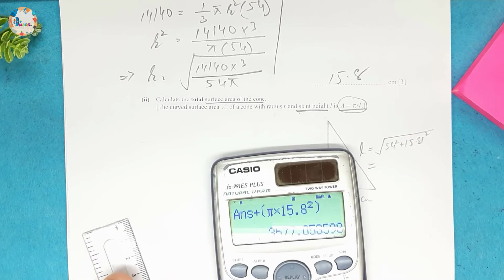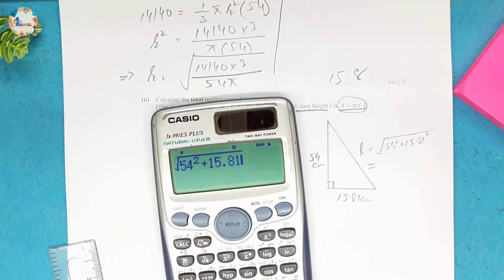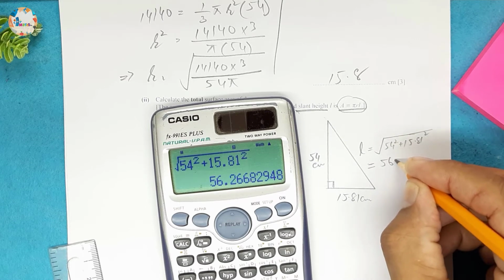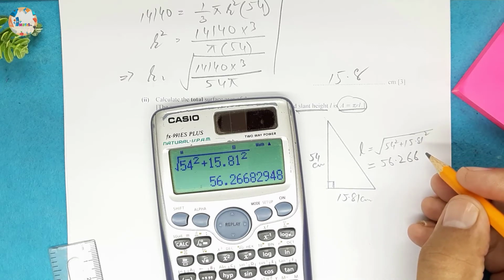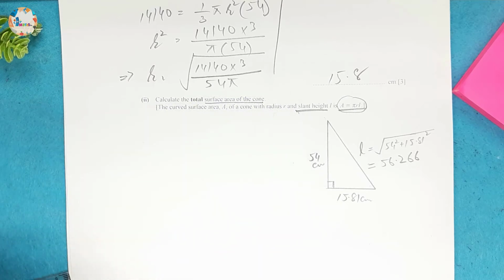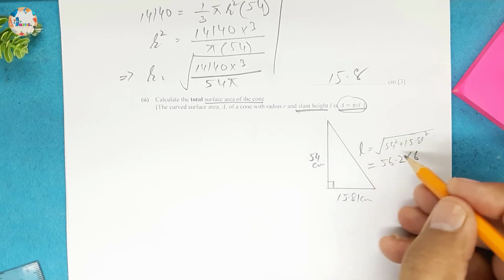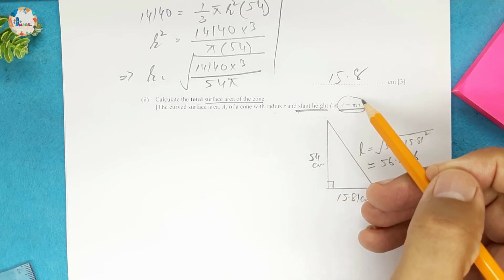If we calculate this value, this will be root of 54 squared plus 15.81 squared, and this will result in 56.266, basically 56.266. And now we can use this value in this formula.